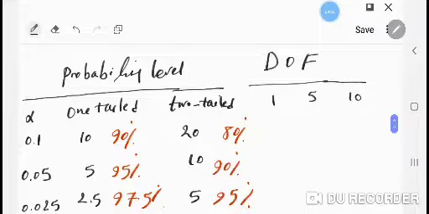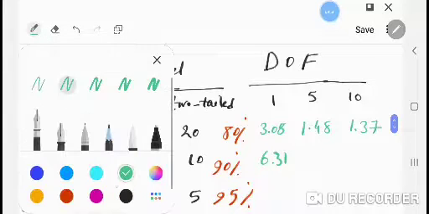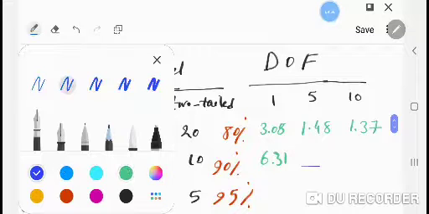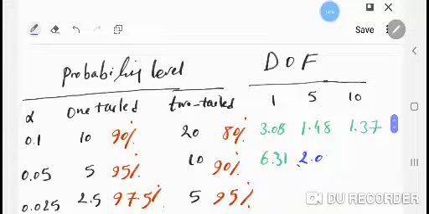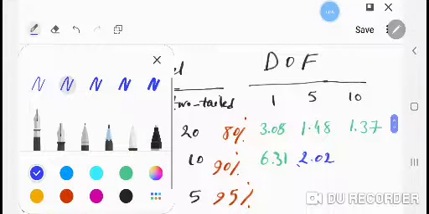It's due to degrees of freedom. For example, for degree of freedom 1, this is 3.08, 1.48, and 1.37, 6.31, and this is 2.02.